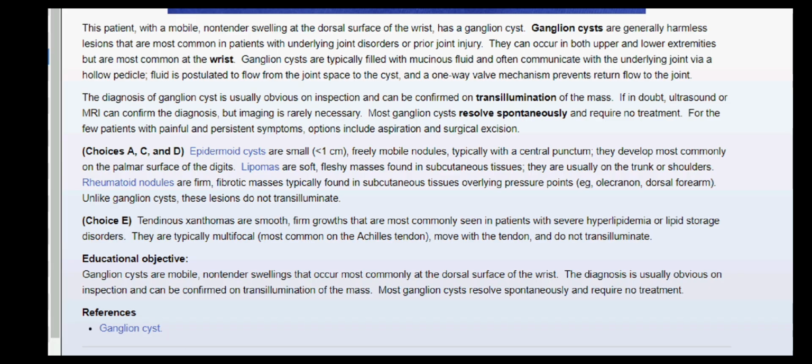To be honest with you, the epidermoid and the ganglion are the candidates, but it must fit with ganglion.